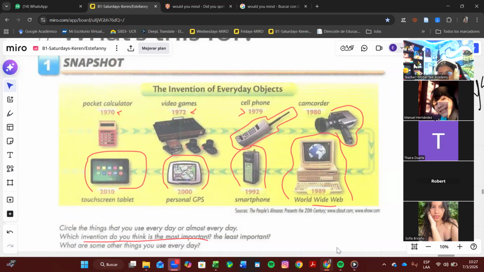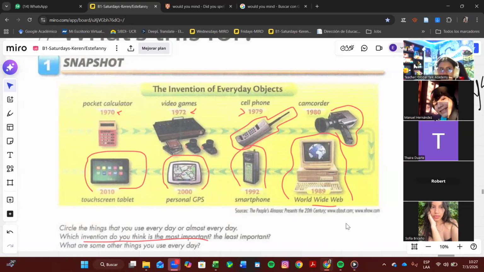So, yeah, I think that all of them are important. From my perspective, I don't know which one is the least important. We can say video games, but as humans we also need things to enjoy.